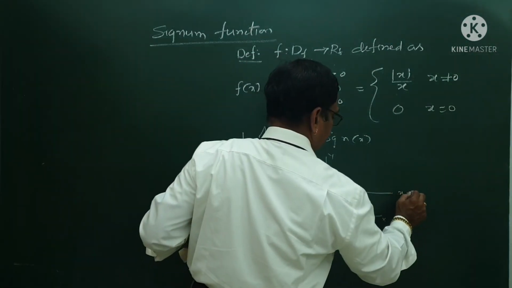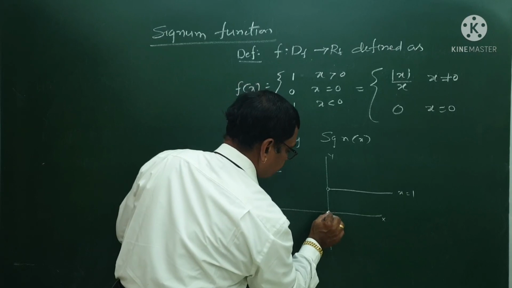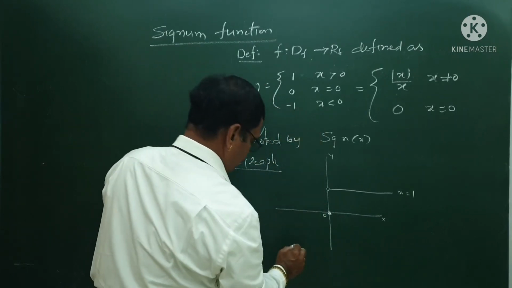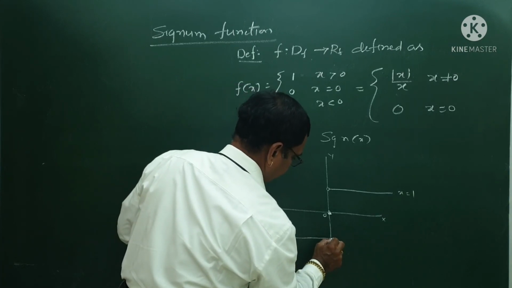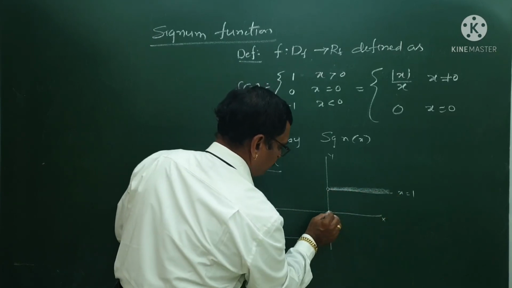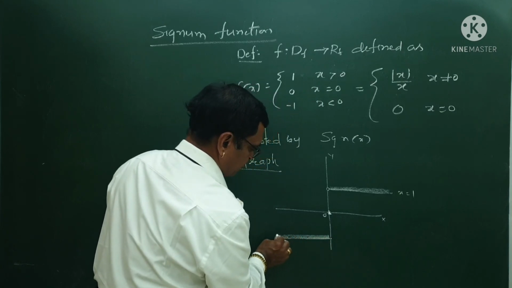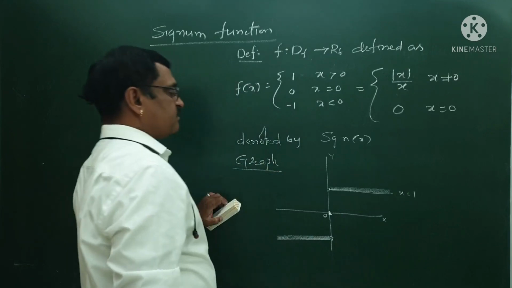This is x is equal to 1. And 0, this one. Next one, when x is less than 0, minus 1. So, this is the graph. And this dot is also included in the graph. Please note this.